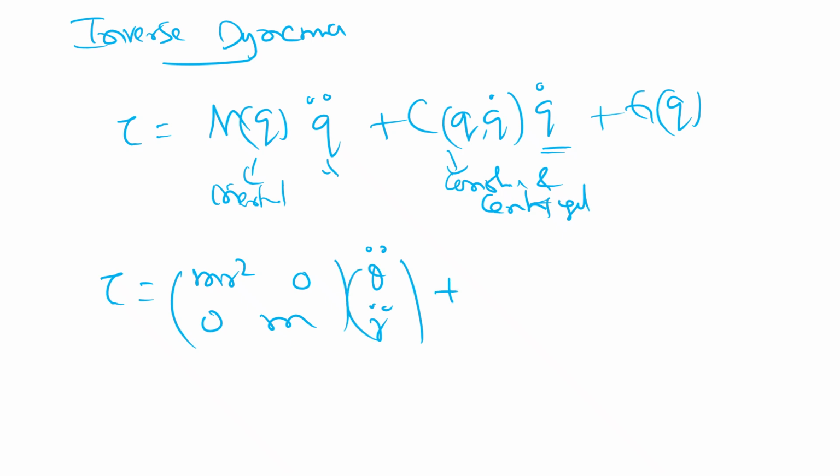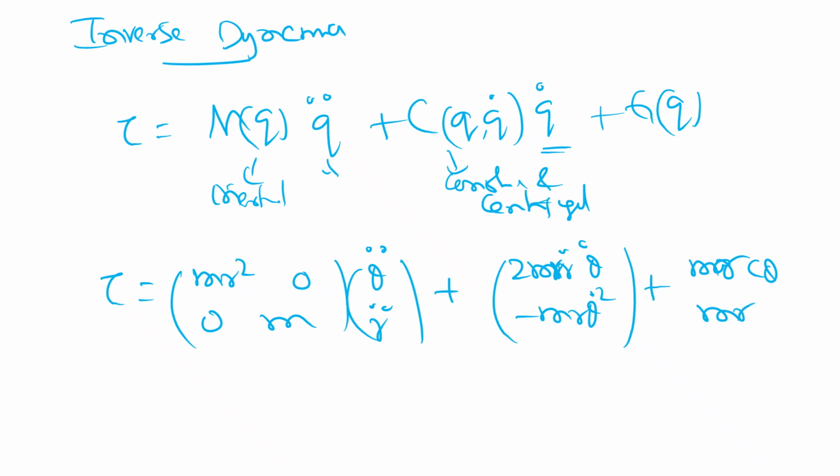Plus we have 2 m r r dot theta dot, then m r theta dot square, and then m g r cos theta, then m g sin theta. Okay, so this is the general matter.